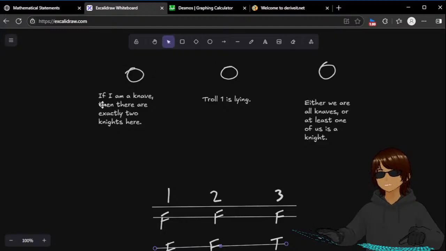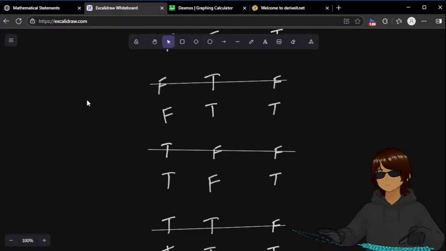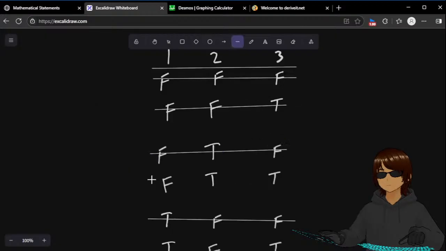That holds up. If I'm a knave, then there are exactly two knights here. But if he's wrong, then there are not exactly two knights here. But we know that these two are knights. So there's a contradiction. So we can't have this either.